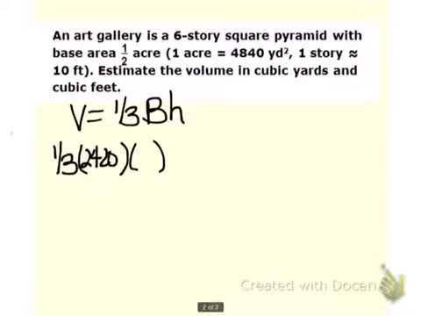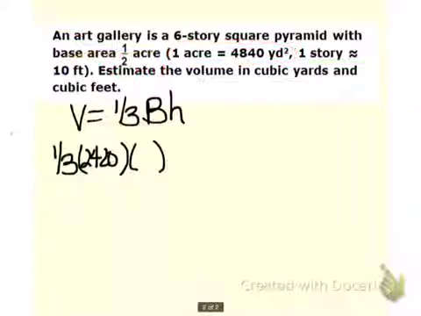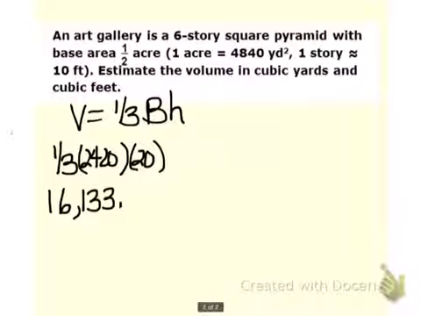And I need to see what the height is. The height is 20. So I'll put 20 in here. And my answer is 16,133.3, and that's going to be cubic yards. So I've answered the first question.